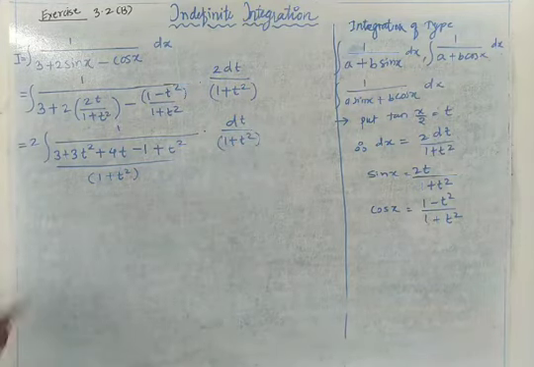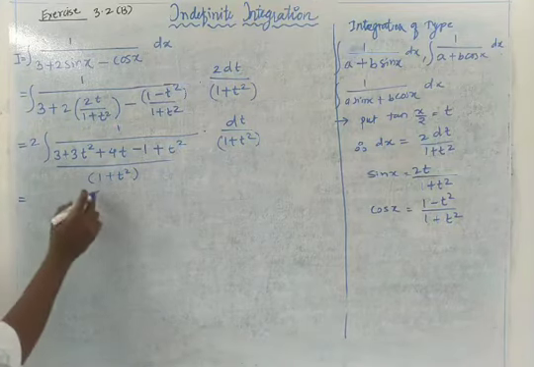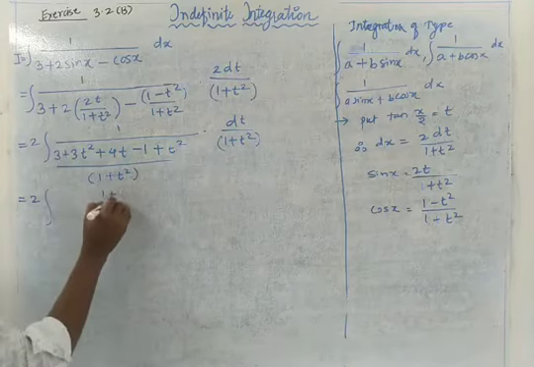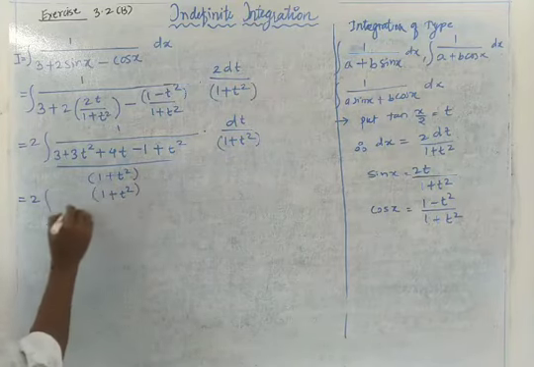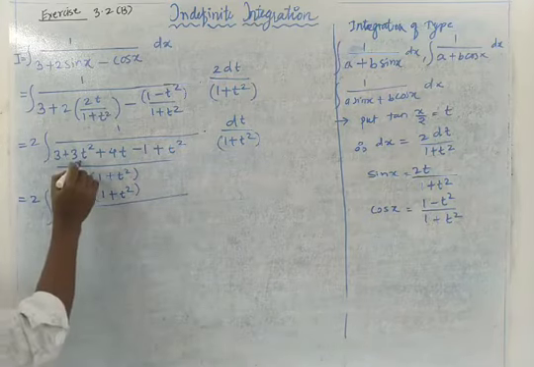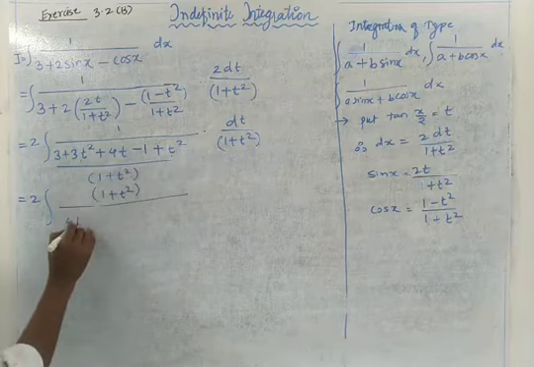Is it clear? First step, second step. Now in the third step, the denominator is shifting to the numerator. So what will I get? 1 plus t square in the numerator, and try to simplify the denominator. See, the t square terms are 3t square plus t square. We will get 4t square.